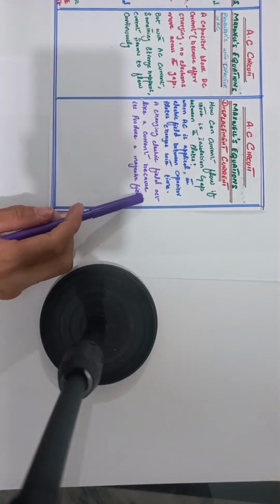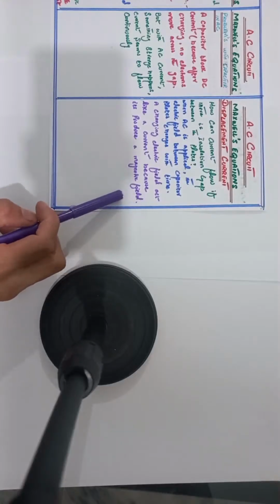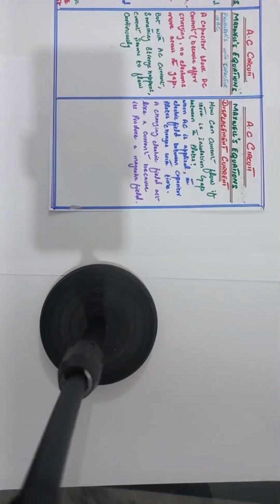Whenever there is a changing electric field, it always produces a magnetic field, and this magnetic field creates the induced current. This imaginary current that is produced in the capacitor is known as the displacement current.